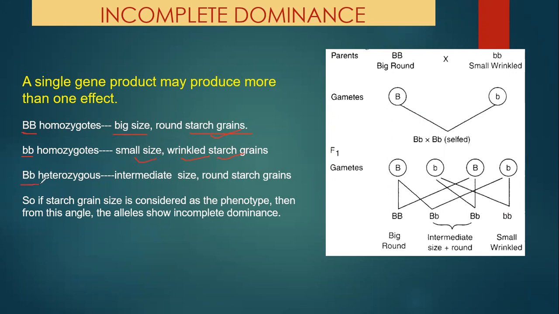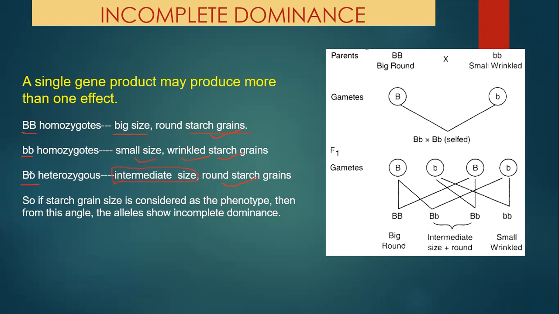In a case where capital B and small b exist, a heterozygous condition, round starch grains are produced. Round starch grains are controlled by B, but the size is not big; the size is intermediate.